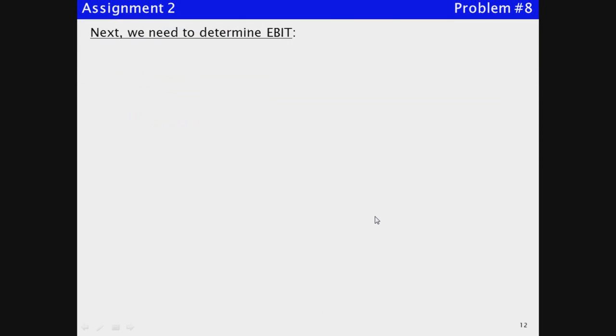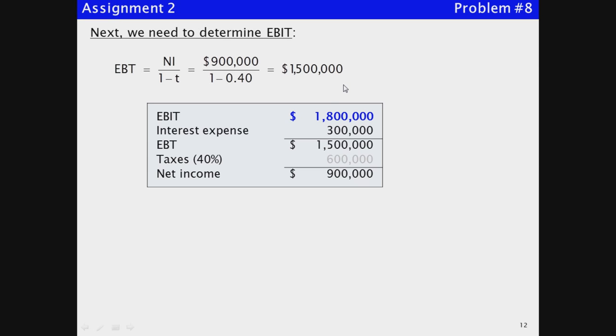Now we're going to need to get EBIT. Well, EBIT is equal to net income over 1 minus T. You should remember that from assignment 1. So net income is $900,000 divided by 1 minus T. EBT is $1.5 million. Well, if we've gone from the $900,000 to EBT of $1.5 million, we were given interest expense as $300,000.